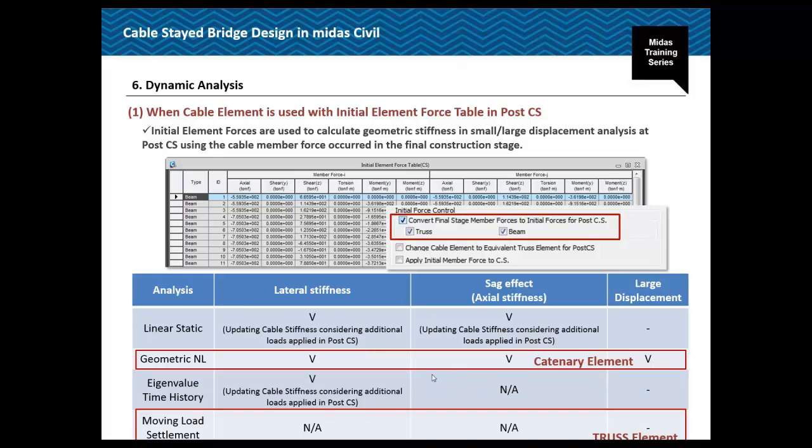But what about the eigenvalue or time history analysis? If we perform the eigenvalue analysis, now we have some problem because the program could not consider the sag effect. It was able to consider only the vibration of the cable with certain mass.